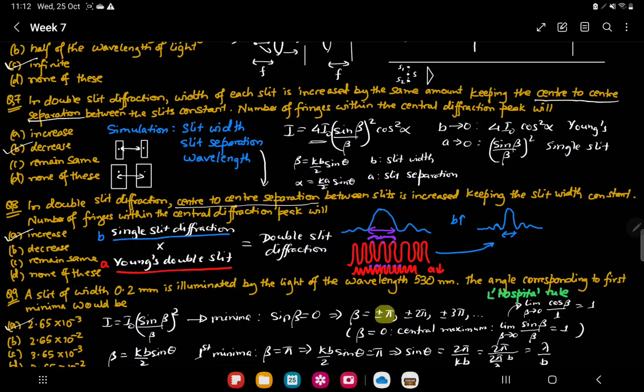If the slit width is increased, then the central peak width would decrease. As a result, we will see fewer fringes within the central diffraction peak.